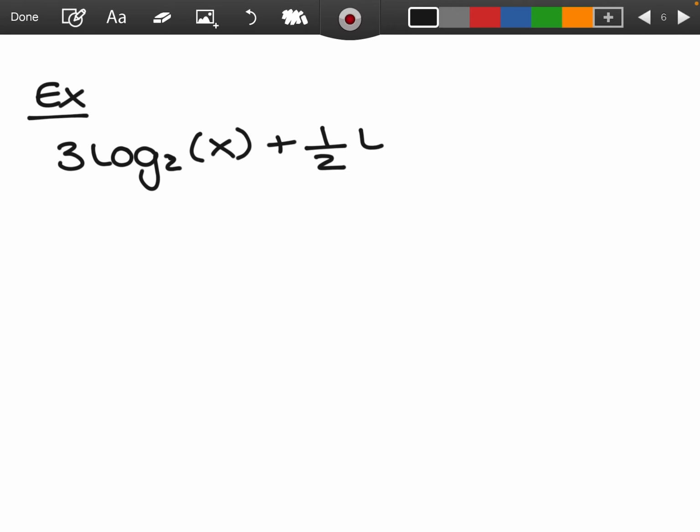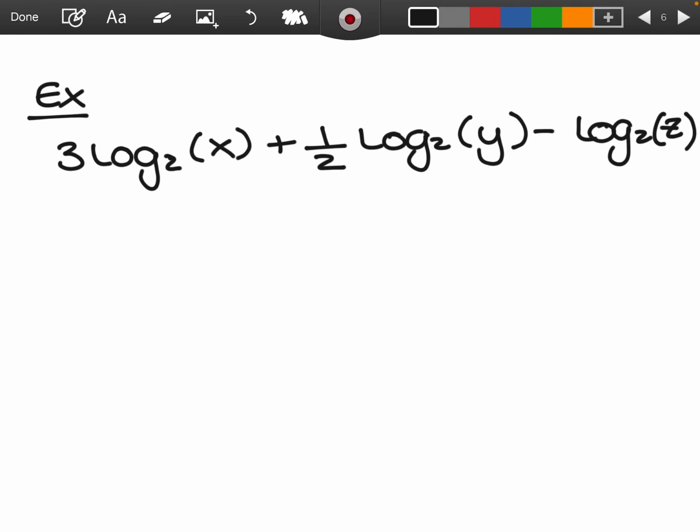One more example that I will do here, just to make sure that we can go both ways. I'm going to do 3 log base 2 of x plus 1/2 log base 2 of y minus log base 2 of z. Okay, so again, this time I have a much longer logarithm expression and I want to simplify it down to one logarithm expression.